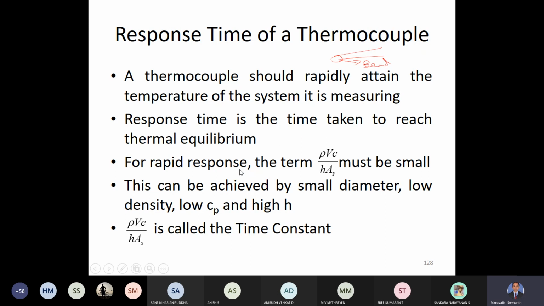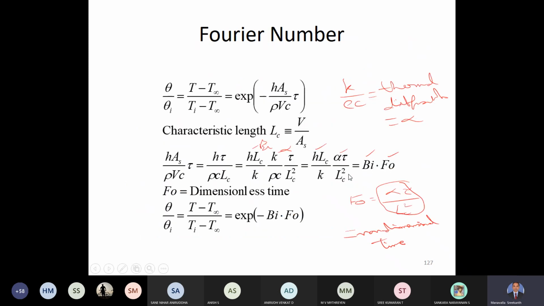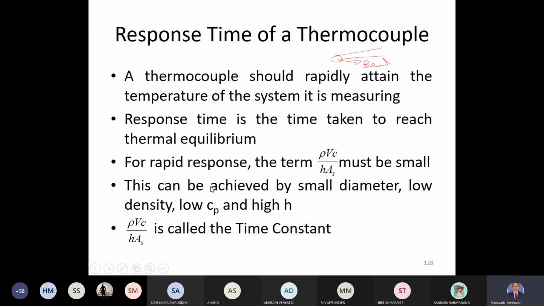So for rapid response, consider the term rho V c by h A. You see this term rho V c by h A. The inverse of this must be small, and this can be achieved by small diameter, low density, low Cp, and high h. To keep this small, we need a small diameter so that the area is small.